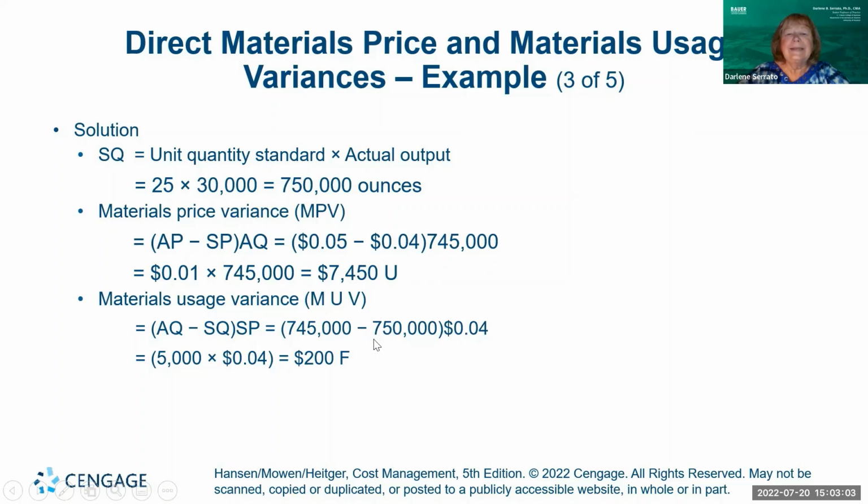Actual was less than the standard, multiplied by the standard price of 4 cents gives us a $200 favorable variance. So the total variance would be unfavorable, and the total variance would be 7,250 unfavorable.